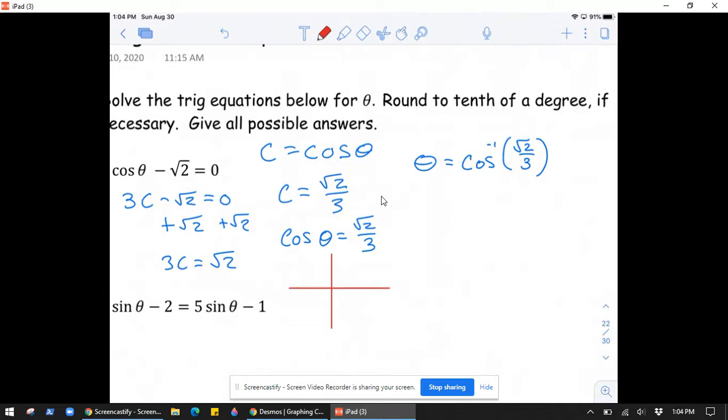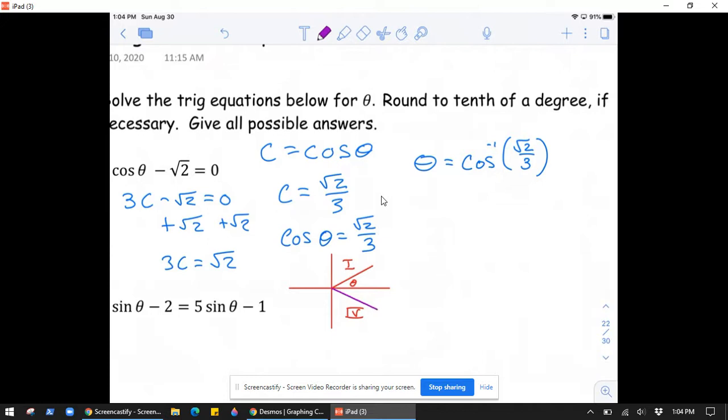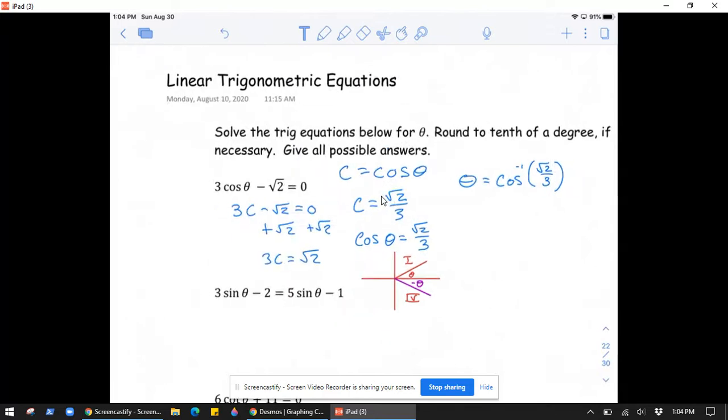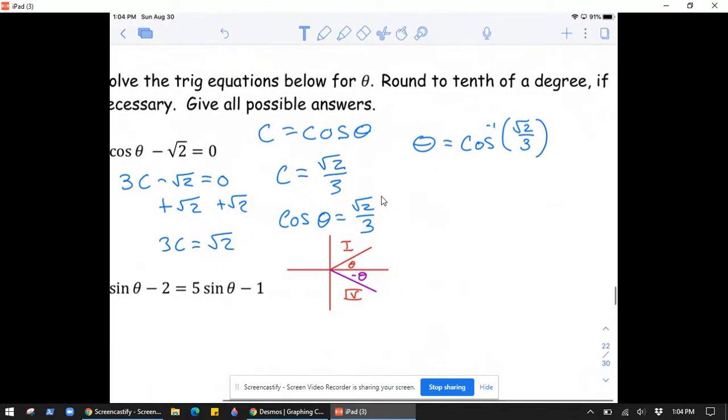Cosine is positive in quadrant 1, and cosine is positive in quadrant 4. The first angle we're going to be given is the one in quadrant 1. If we want the one in quadrant 4, we're just going to have to make an adjustment. And it says solve for all angles, so we actually have some leeway in that case.